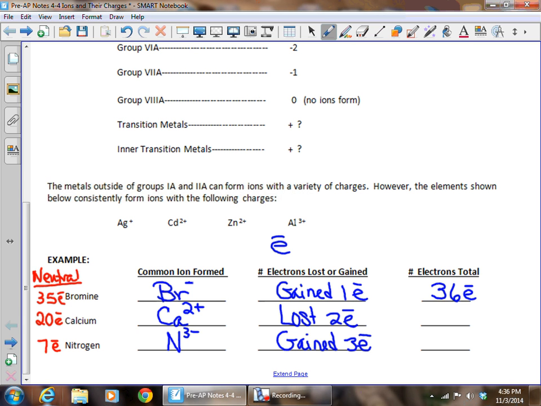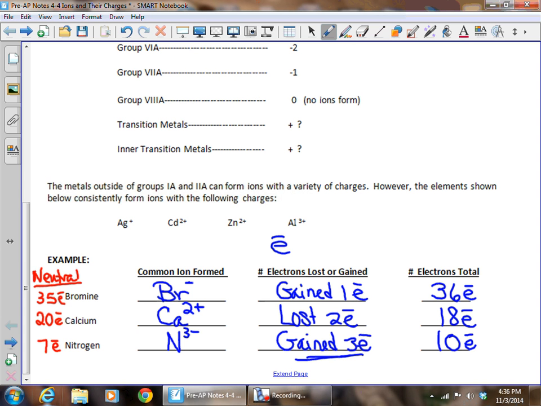Calcium, on the other hand, although it started out with 20 when it was neutral, now says when it forms the ion, it has lost 2 electrons. So evidently now it has 18 electrons when it's an ion. Nitrogen as an ion, well, at first when it was neutral, it had 7, but now it says it has gained 3 electrons. Evidently now, as an ion, nitrogen has 10 electrons.